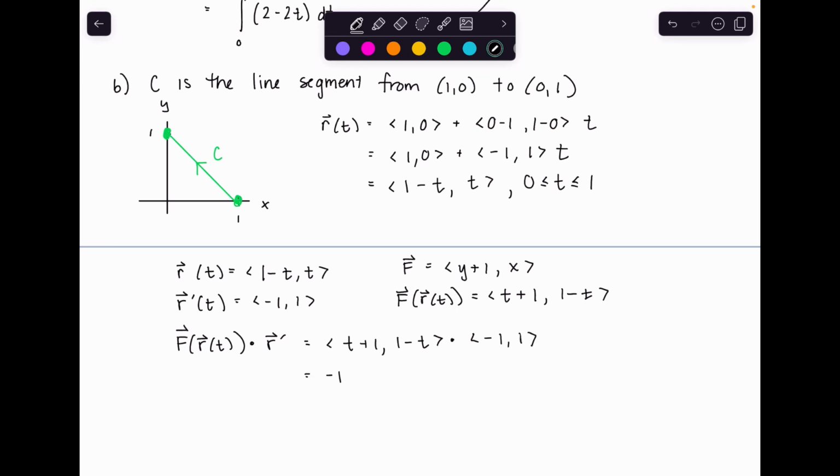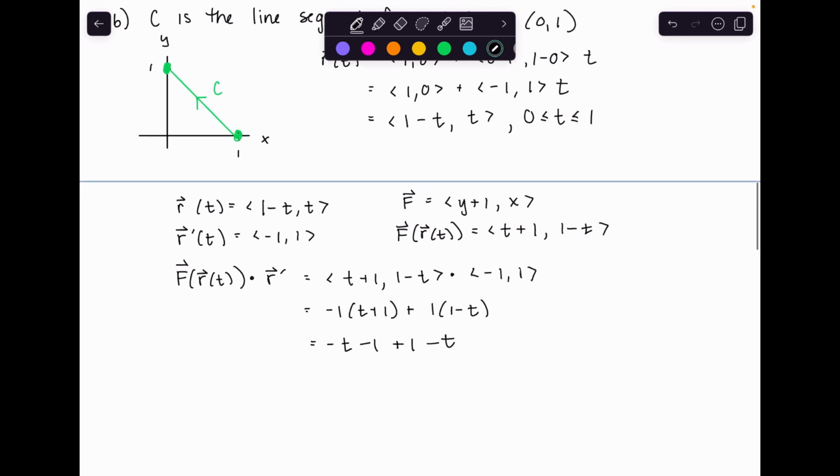So this gives me negative 1 times t plus 1, and then 1 times 1 minus t. Gives me negative t minus 1 plus 1 minus t. So at least this cleans up a little nicely. The 1s cancel, and this becomes negative 2t.